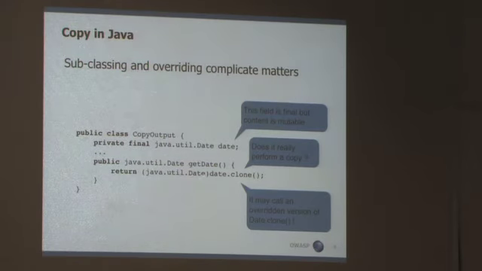And when you later have a method that will return the date, then you'll return a copy of it. But there's nothing that actually guarantees you that just because it's called clone, it will actually return a copy, or what kind of copy it will return. And it might even get into trouble because you might call an overridden version of the date point clone. So there's little control over what actually happens when you do this cloning.